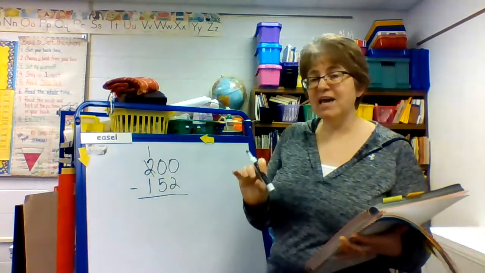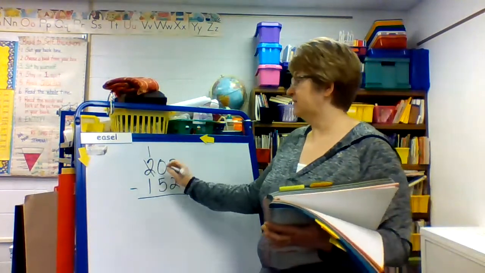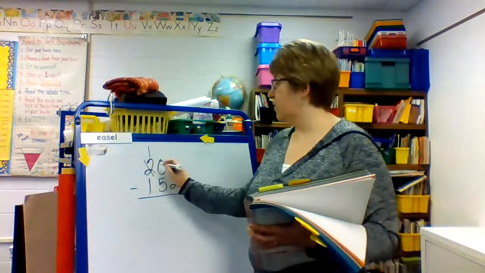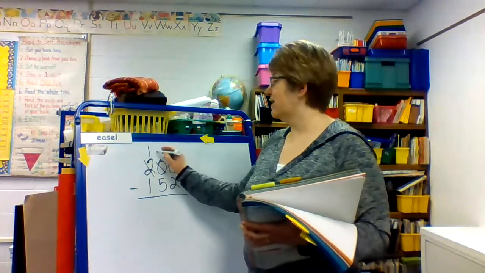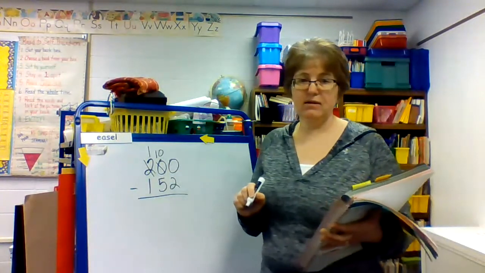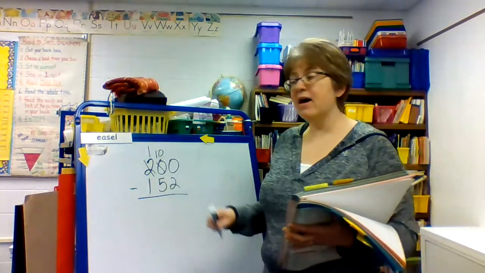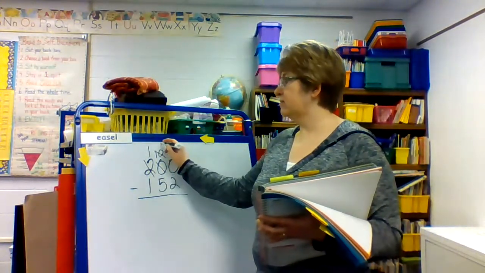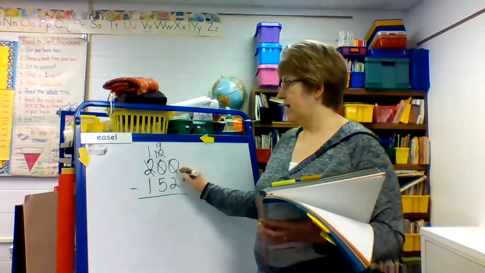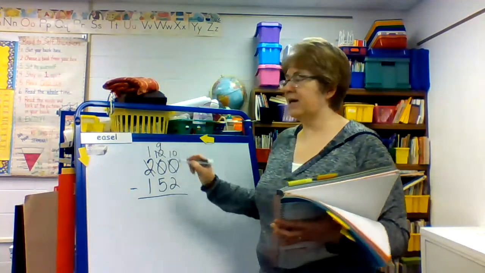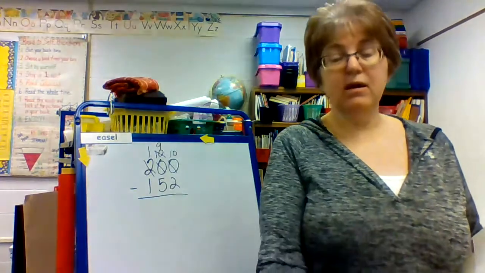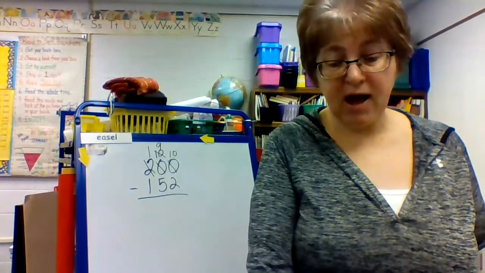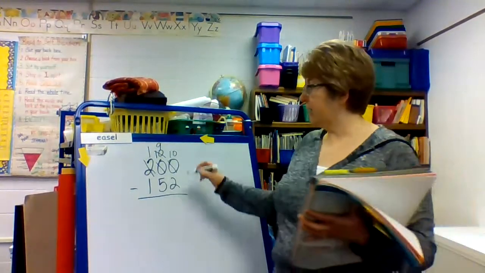Now I'm going to take those 10 tens, put it with this 0, and the 0 is a 10. Now I have some tens. I can take 1 away. And the 10 becomes a 9. And this 0 becomes a 10. Now I can subtract. Okay?